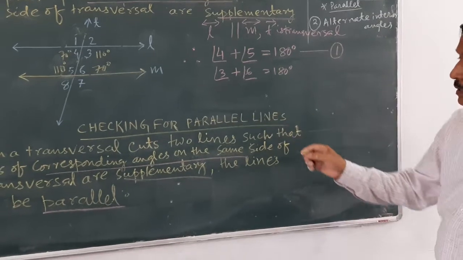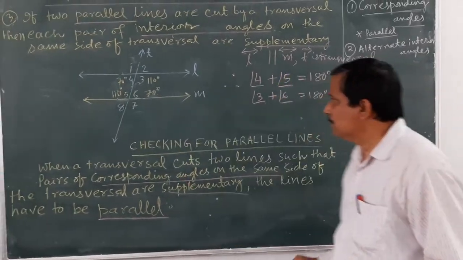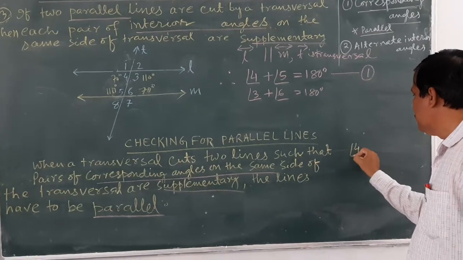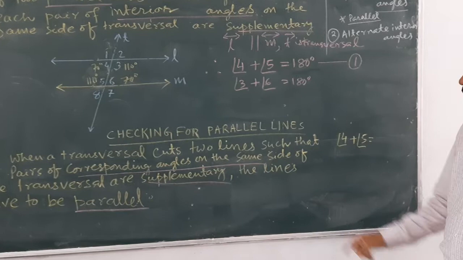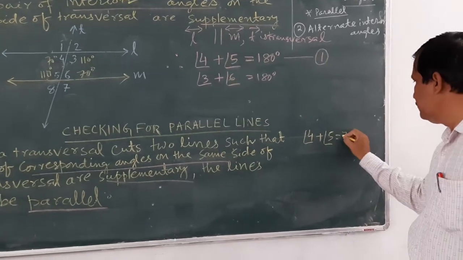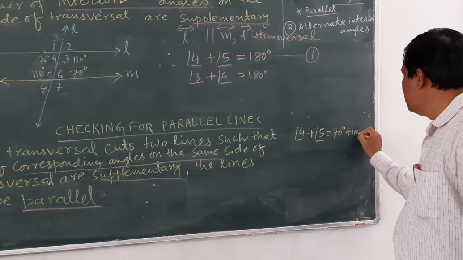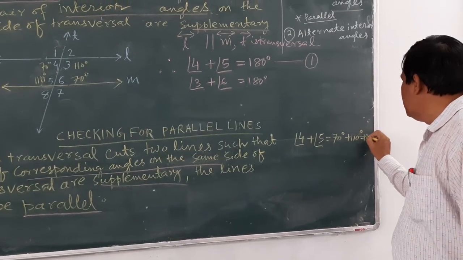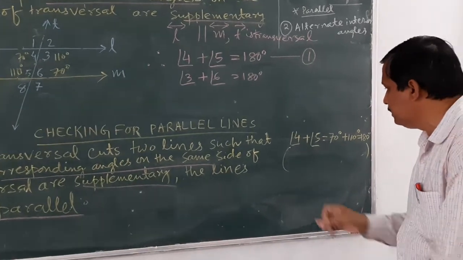They must be on the same side, otherwise it will go wrong. For example, angle 4 plus angle 5 you are taking, you see here. Angle 4 means 70, angle 5 means 110 degrees. So the total is how much? 180 degrees.